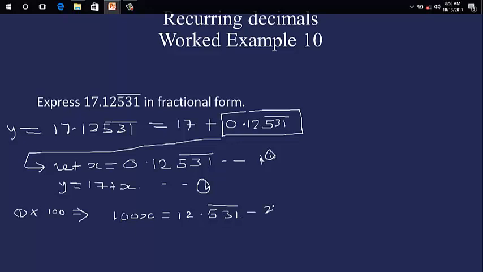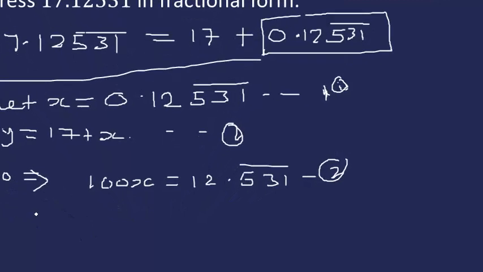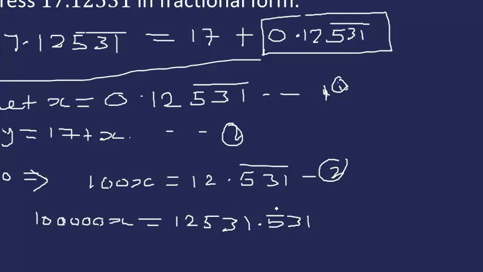We multiply this by 1000, so we get 100,000x equal to 12531.531 recurring. So this is our equation 3.